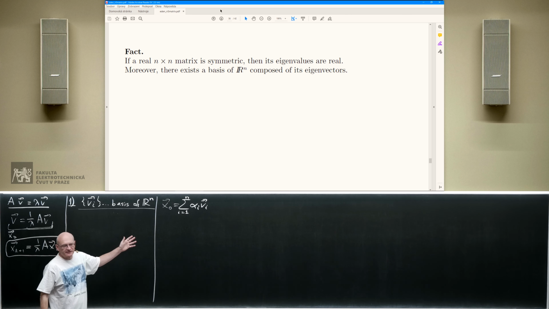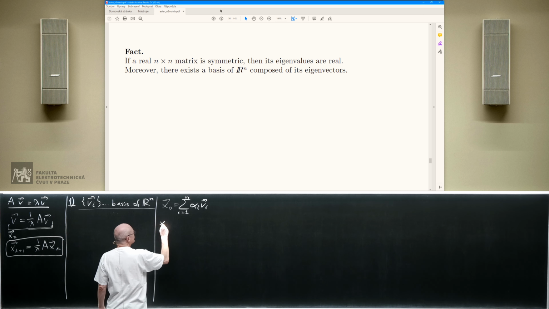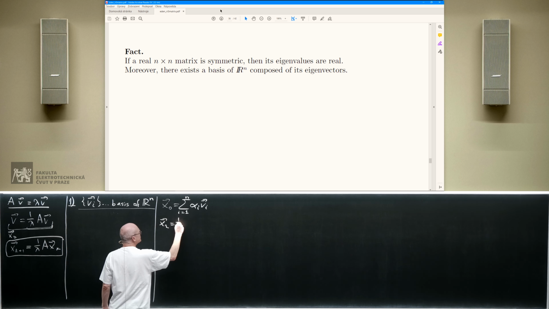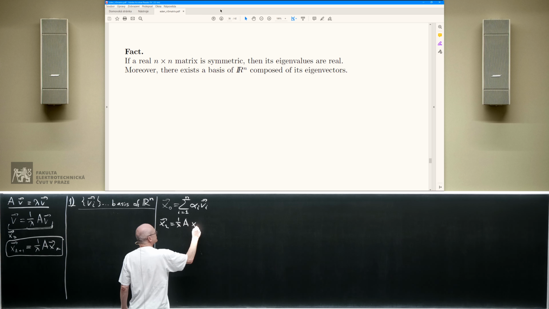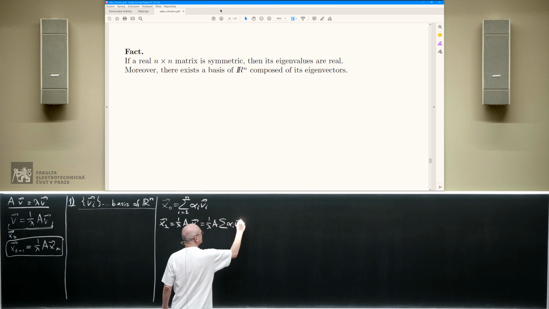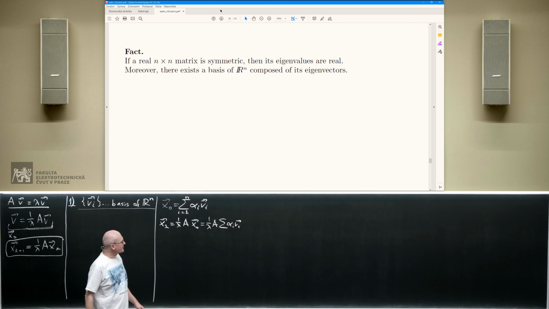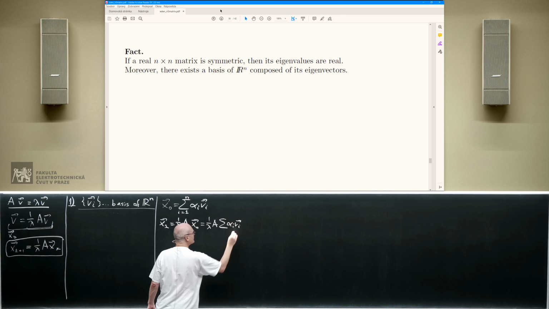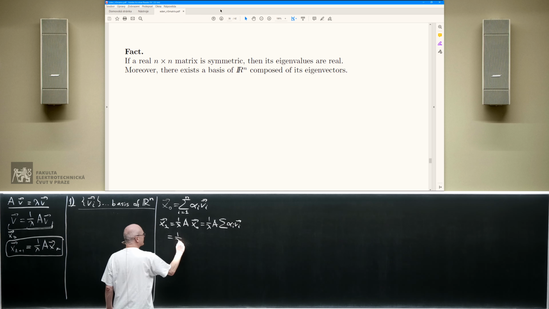Now I start iterating. From x0, I get x1. How does it look like? Well, it's 1 over lambda A x0, which is 1 over lambda A summation alpha i Vi. Okay, what will happen now? Good question. 1 over lambda.